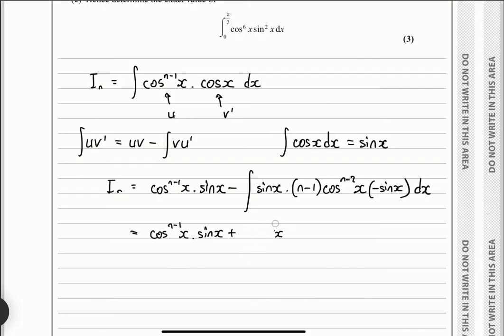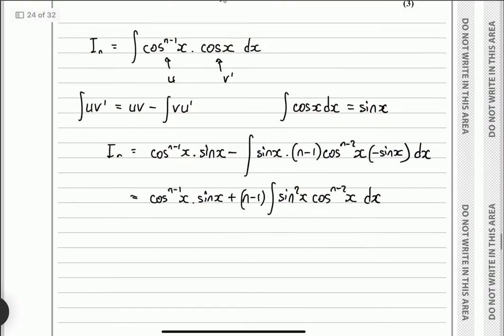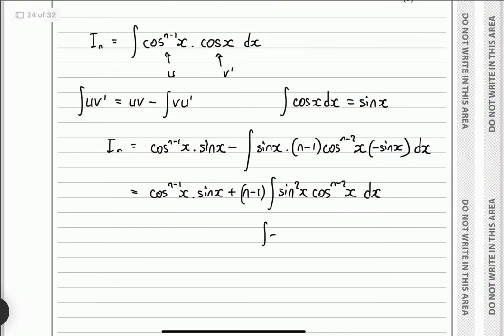No, let me bring the n minus 1 out. Sine squared x cos to the n minus 2 x. And then we can change that sine squared into 1 minus cos squared times this. All the rest is still the same.